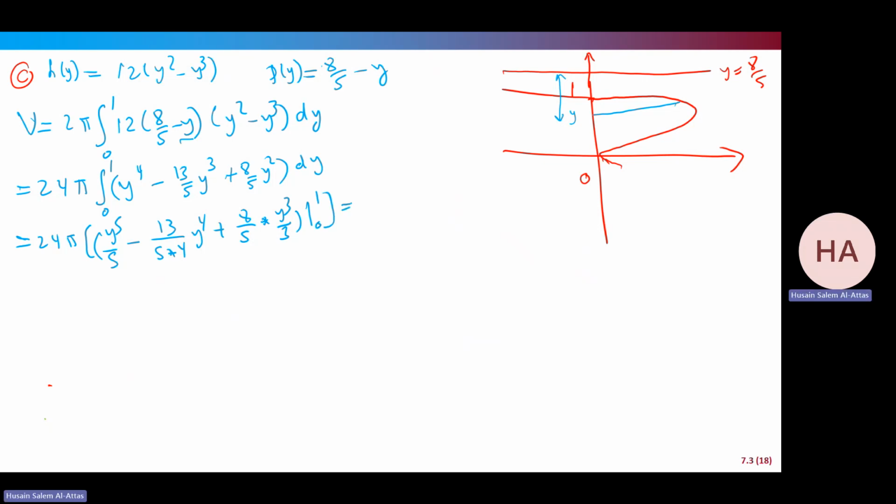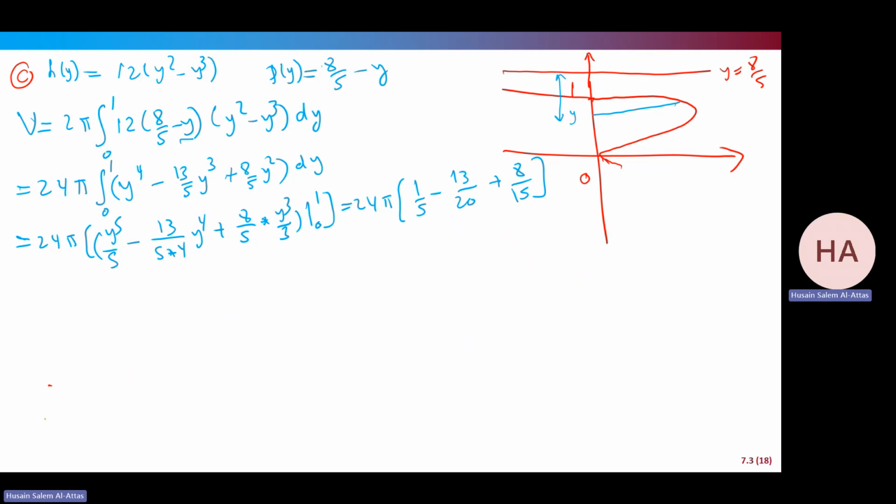That's 24π times 1 over 5, minus 13 over 20, plus 8 over 15.